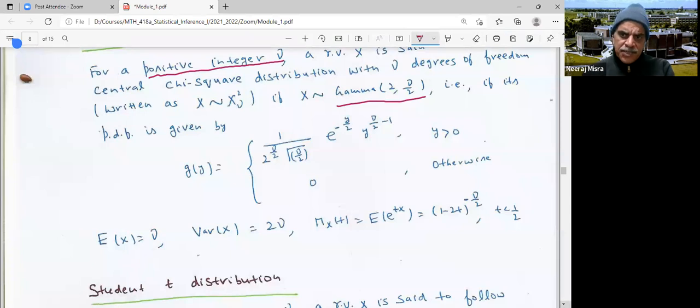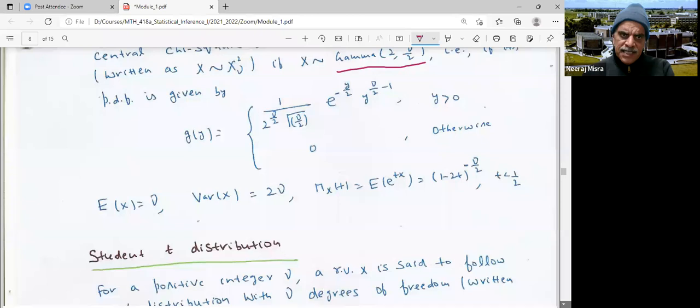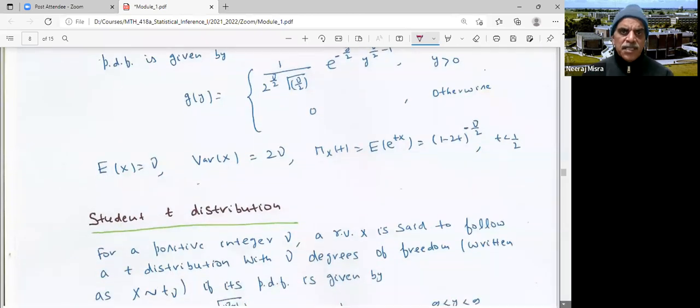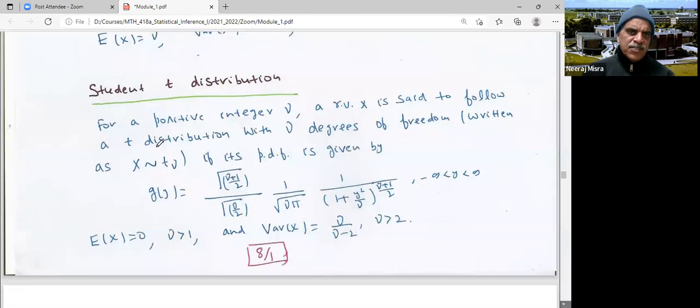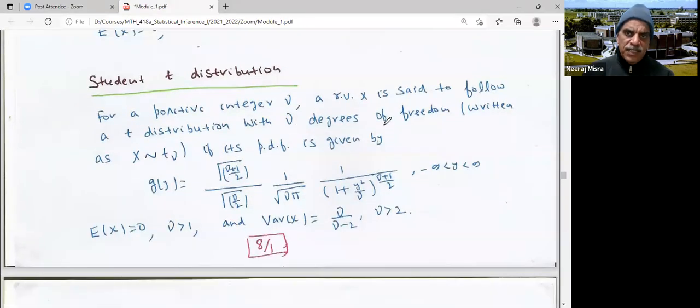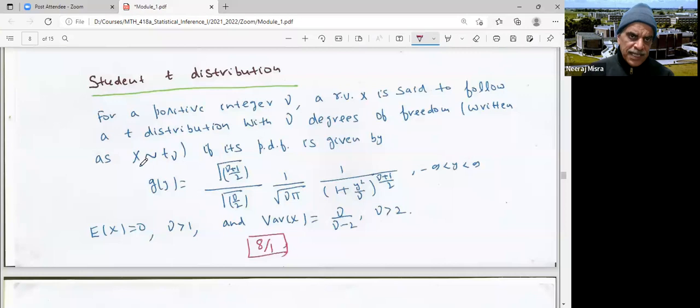Another distribution which is of interest is the student t distribution. For any positive integer nu, a random variable x is said to follow a t distribution with nu degrees of freedom, which we write as x follows t nu, where nu is any positive integer, if its PDF is given by g(y), which is gamma of (nu plus 1) by 2 over gamma nu by 2, 1 upon root nu pi, 1 plus y square by nu to the power minus (nu plus 1) by 2.